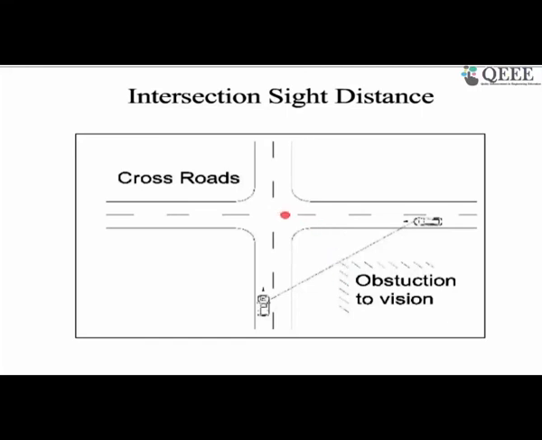So you consider the stopping sight distance based on the design speed of this road, and the stopping sight distance from the design speed of this road, and from there you connect them, and you should not have any obstruction in this triangle. So this is the intersection triangle for the sight distance. This is how you do the intersection sight distance.